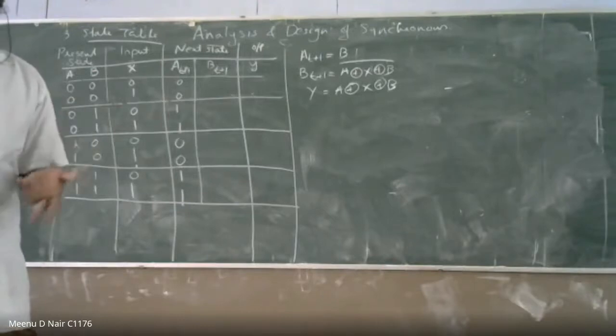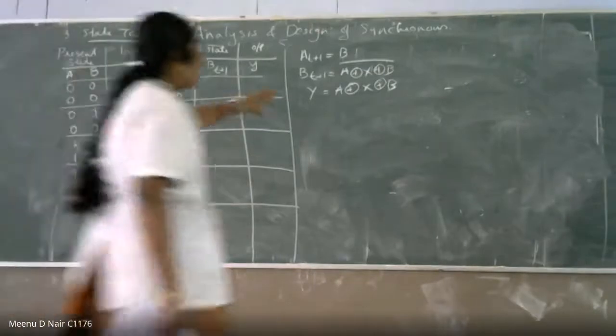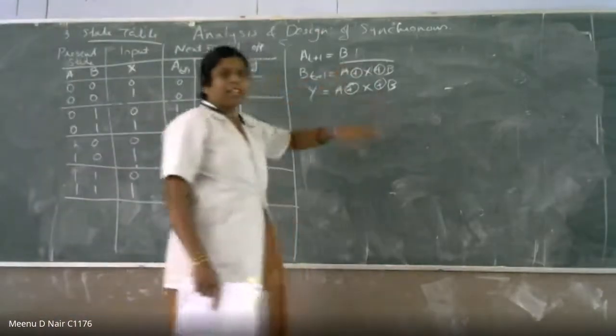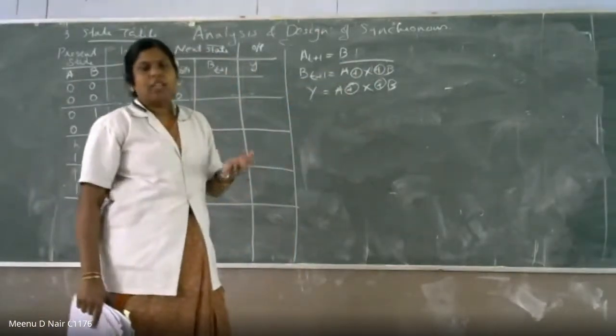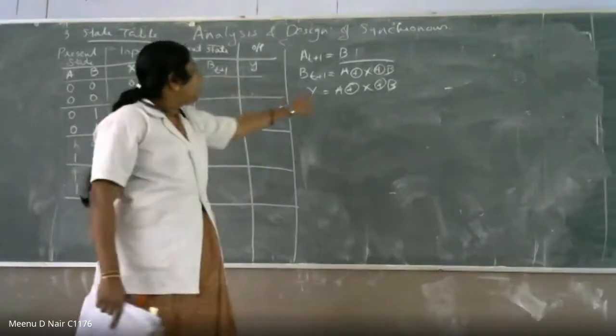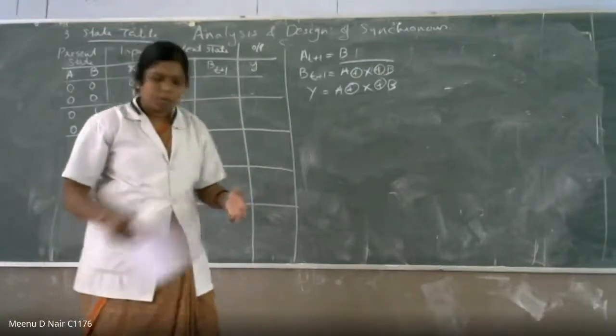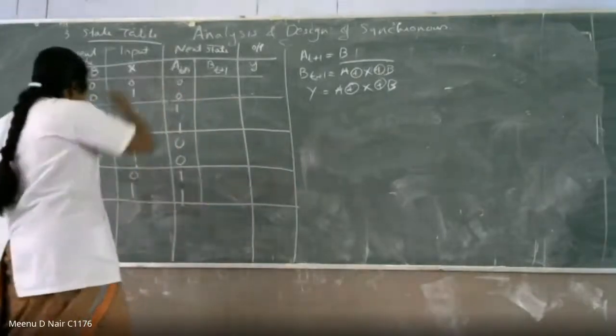If it is an odd number of 1s, it will produce the output as 1. But here it is the whole bar, so what you are expecting, the opposite will happen, right? If you have an odd number of 1s, it will produce 0 output, and if it has an even number of 1s, it will produce 1 output. Okay, so that is what is here.